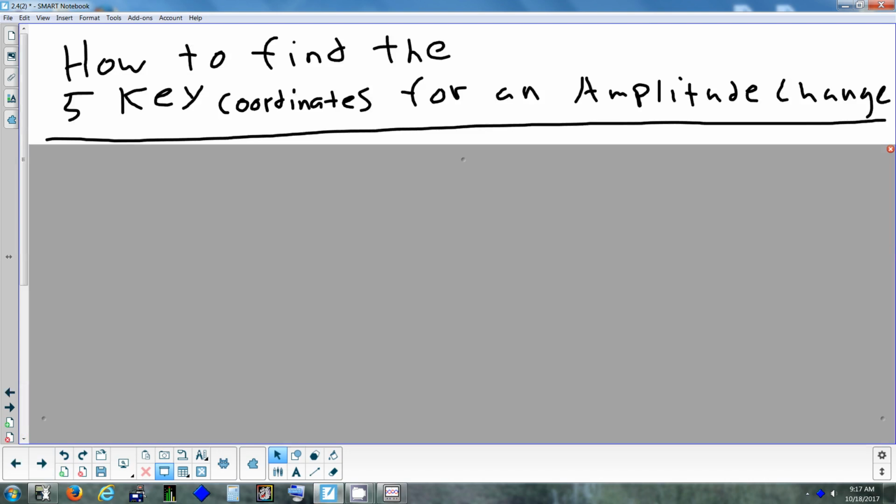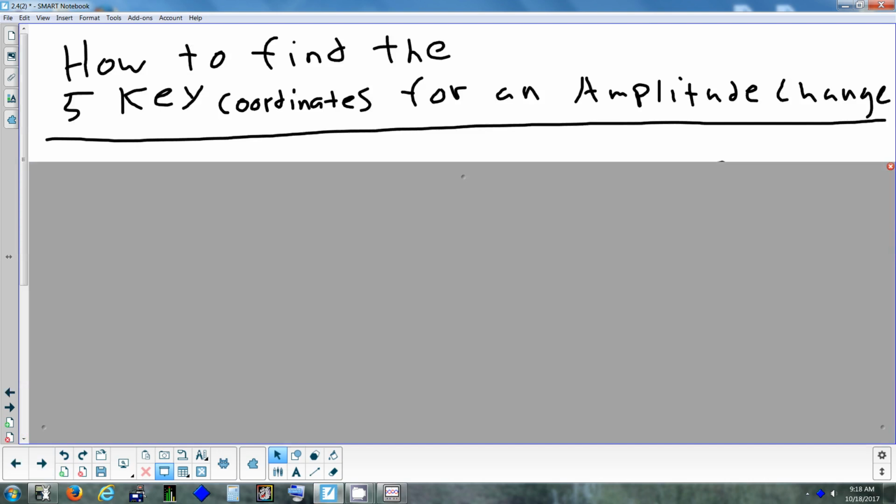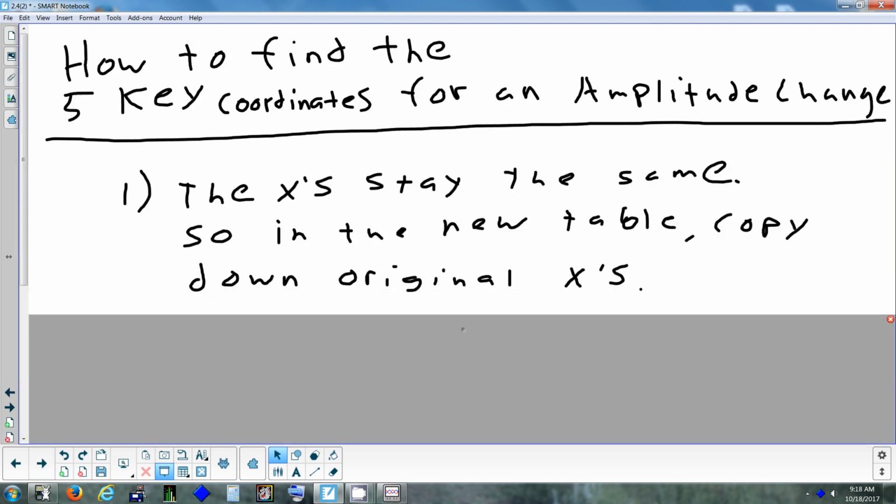All right, so how do we find the 5 key points, or those 5 critical points when you're making a graph? How do we find them? Okay. So amplitude change, we're going to be stretching and compressing on the y-axis. So what values are going to stay the same today? Right? The x's.